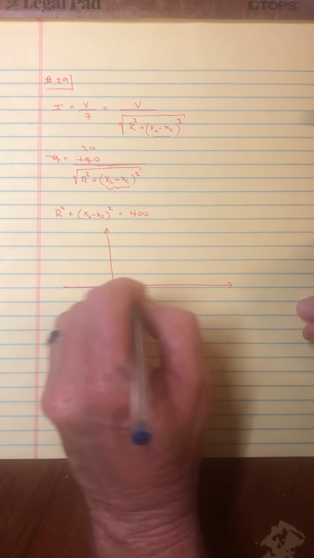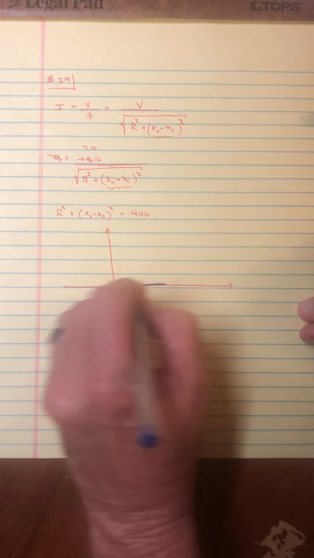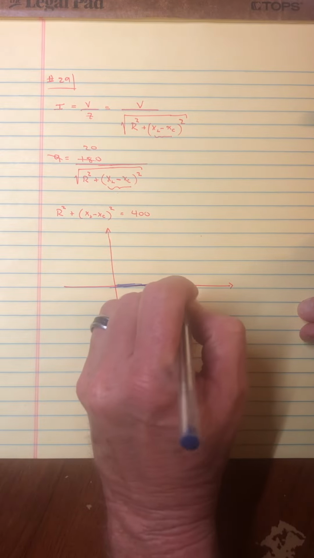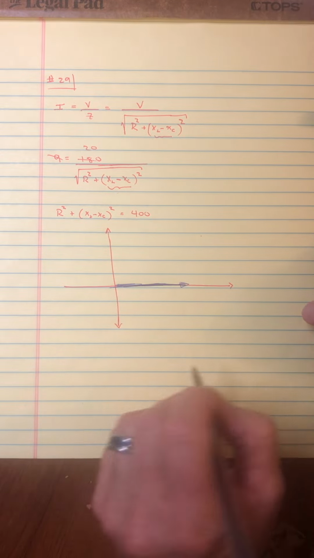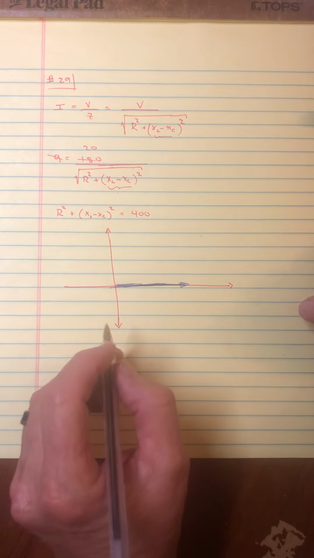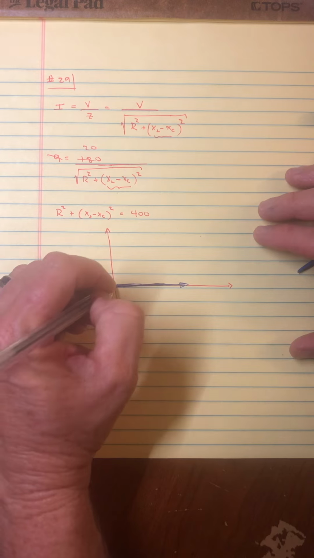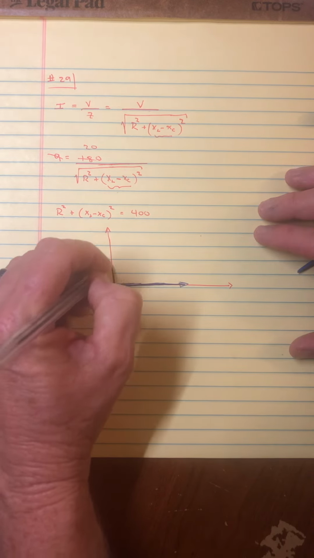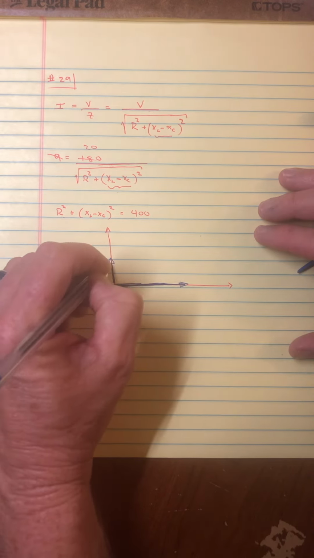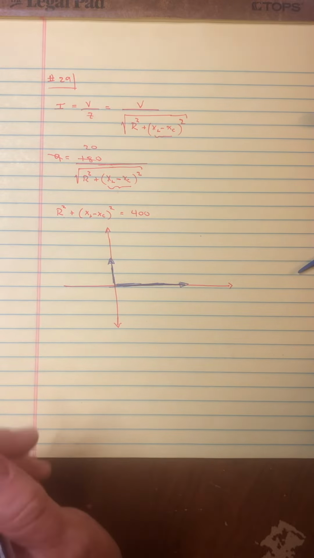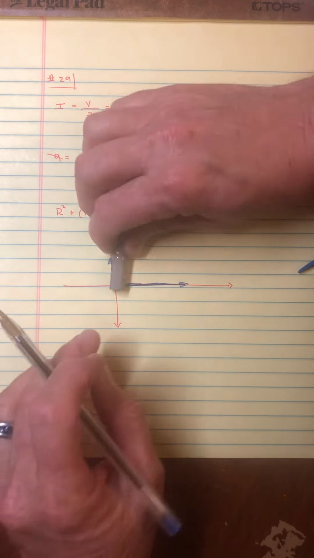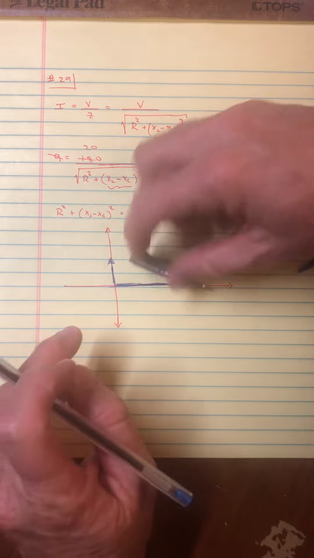If we did the voltage from the resistor, it would be something like this, and then spinning around. And if we did the voltage of the inductor, it would look something like this, and then spinning around.